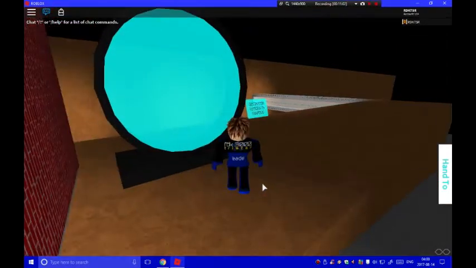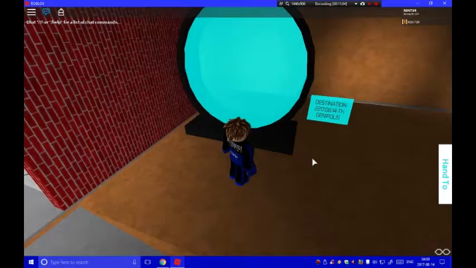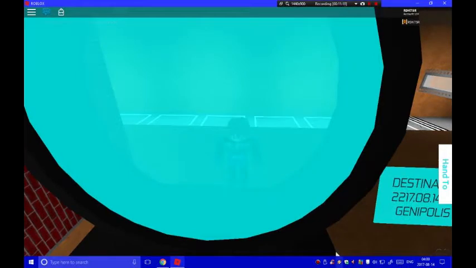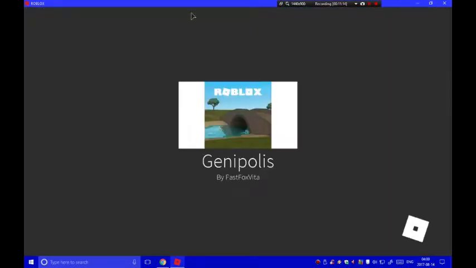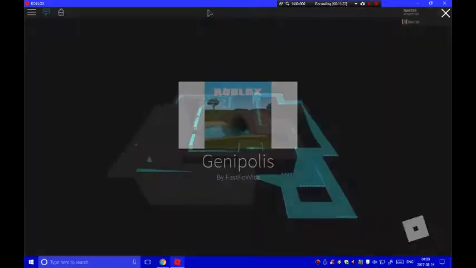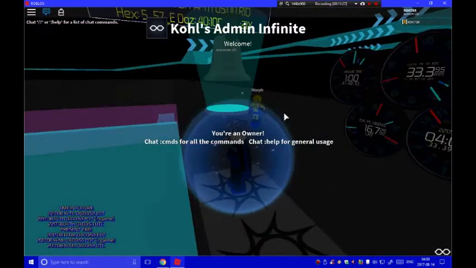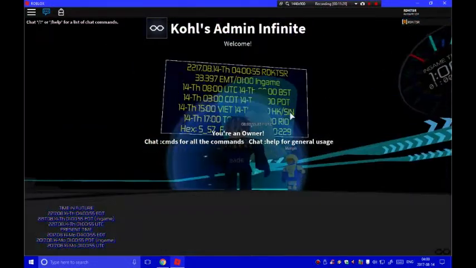Something I added is the time machine teleporter, which goes to Ganapola's year 2217. This actually teleports you to the place. You can see the bell and some hollow clocks.